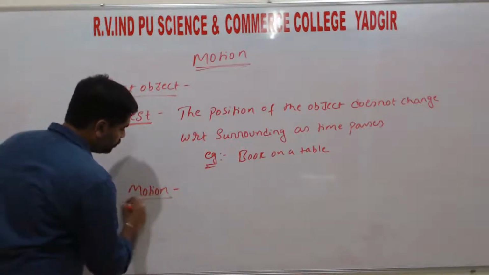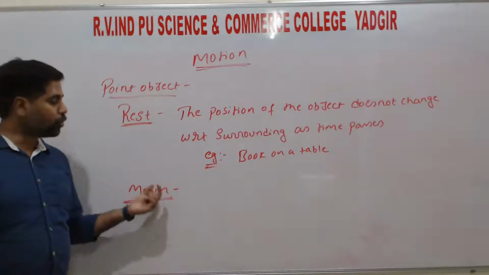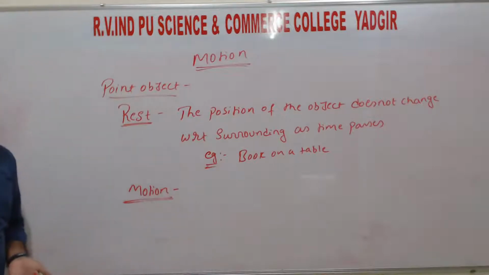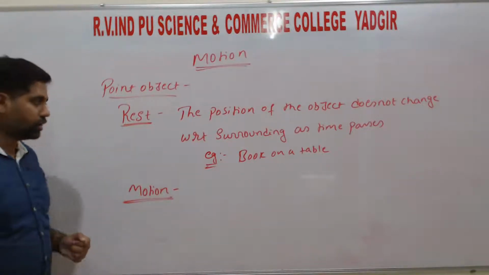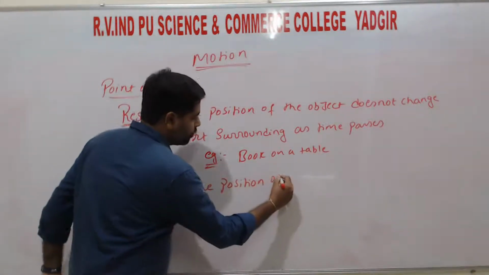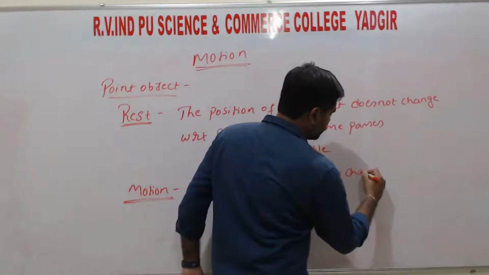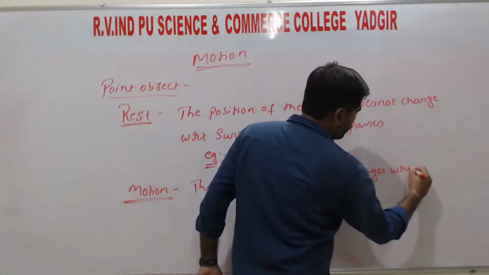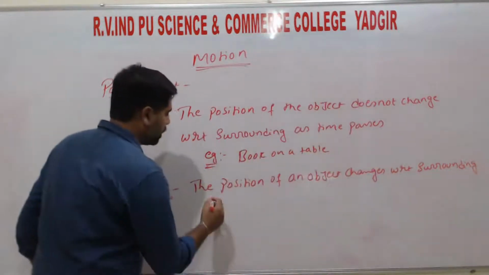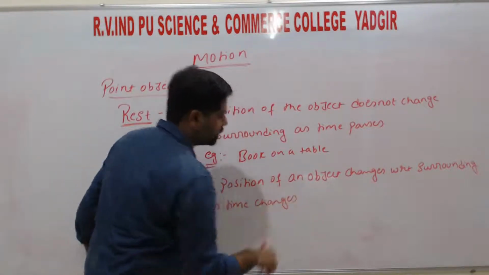So next, motion. Here it is opposite to that of rest. The position of the object changes with respect to its surroundings as time passes. That we call motion. The position of an object changes with respect to its surroundings as time changes.